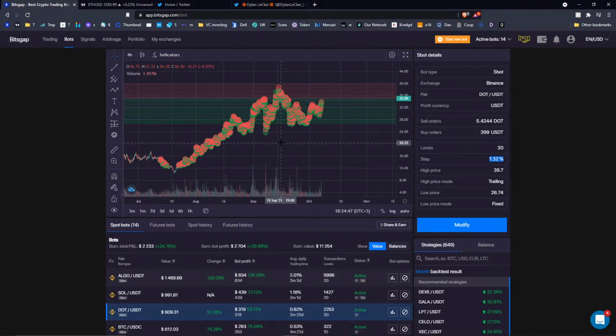Because if you manage to create this configuration for a particular volatility, and this volatility sustains for a long period of time, then you can play with this same configuration for a long time.